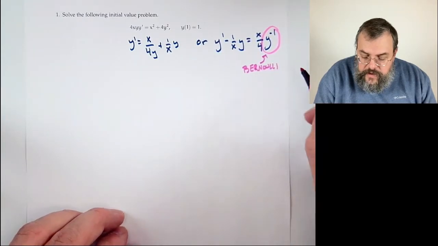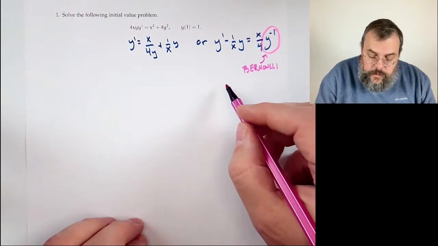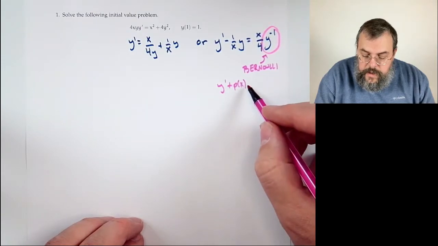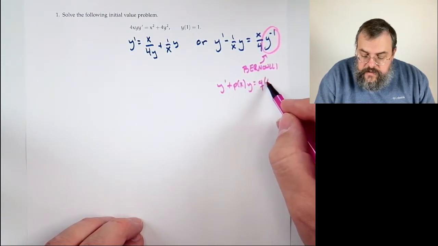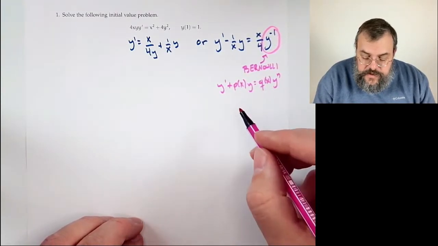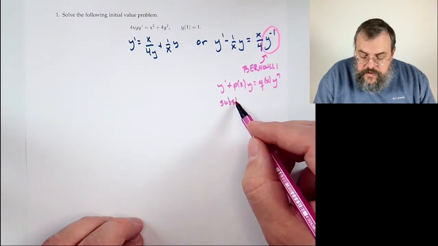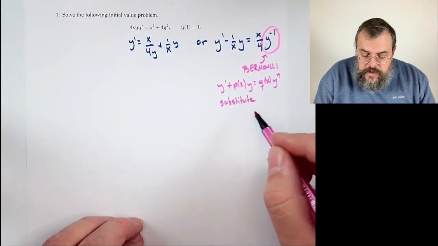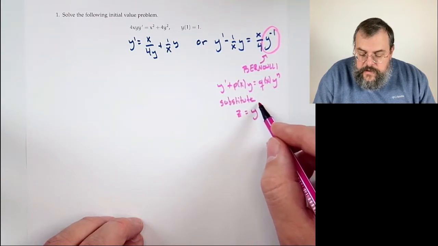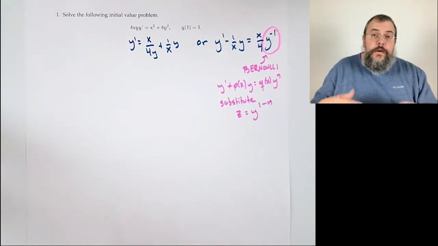Well, so the way it works is, in general, if you have y prime plus p of x y equals q of x y to the n, then our substitution, and this is how Bernoulli works, we introduce a new variable, let's call it z, and we'll have it y to the 1 minus n power. And then we proceed.